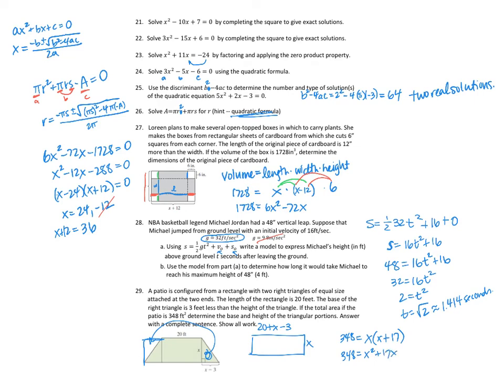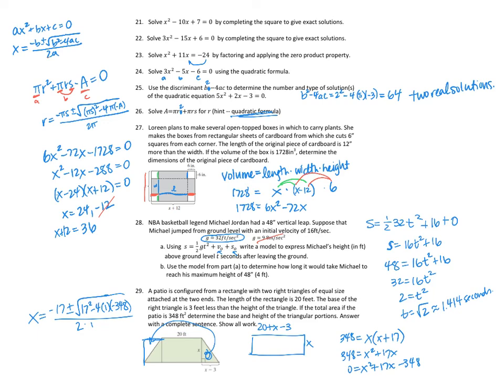So I can subtract that over, and then I can use the quadratic equation to find solutions to that. So x equals negative 17 plus or minus the square root of 17 squared minus 4 times 1 times negative 348, all over 2 times 1.